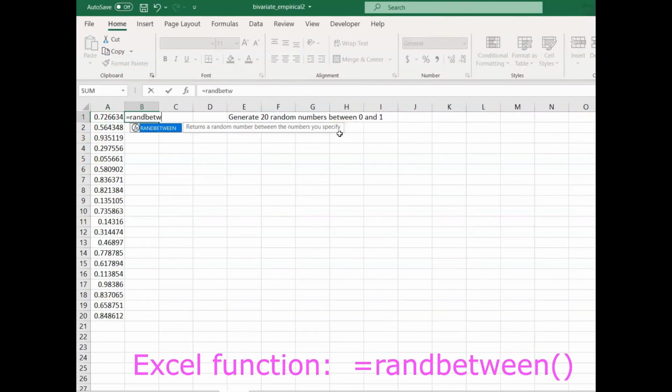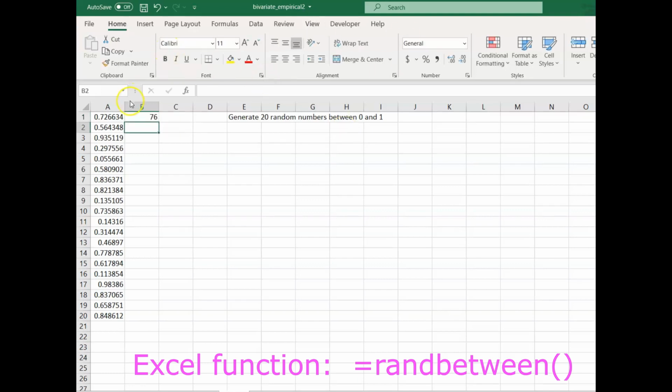Another Excel function is called RANDBETWEEN. Suppose we are going to generate 20 random numbers between 1 and 100. Then we can use RANDBETWEEN.